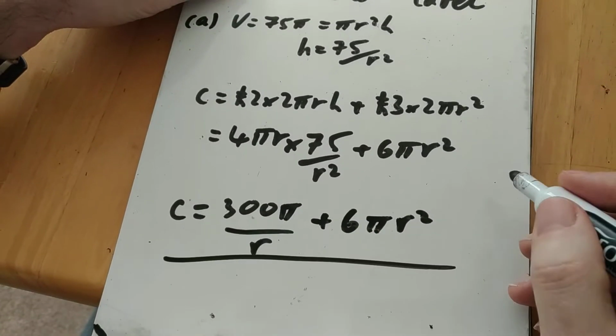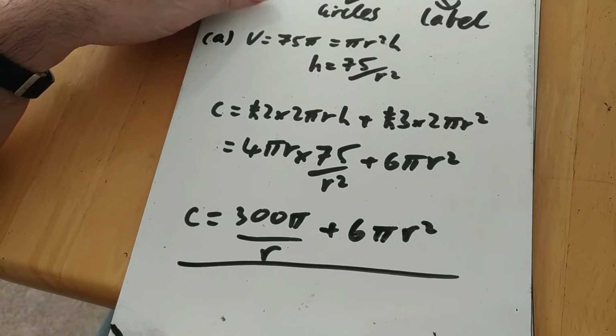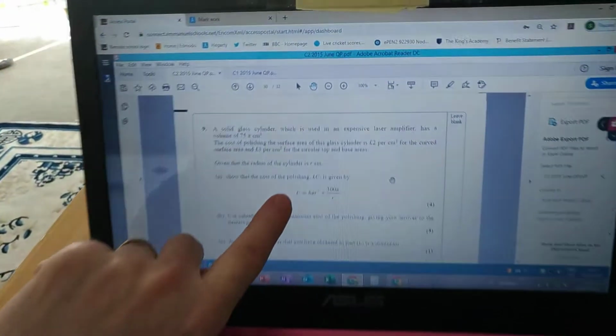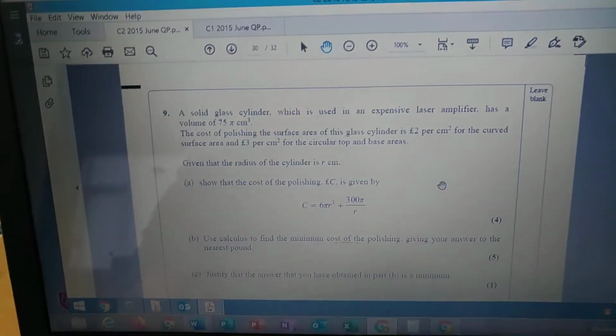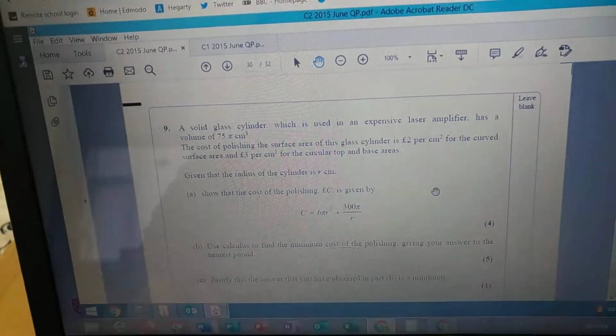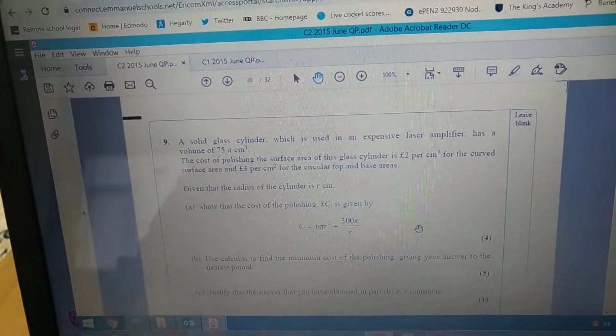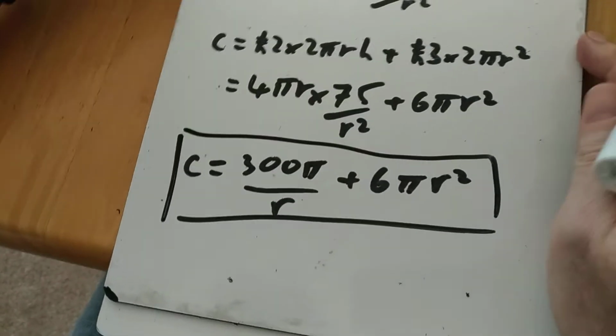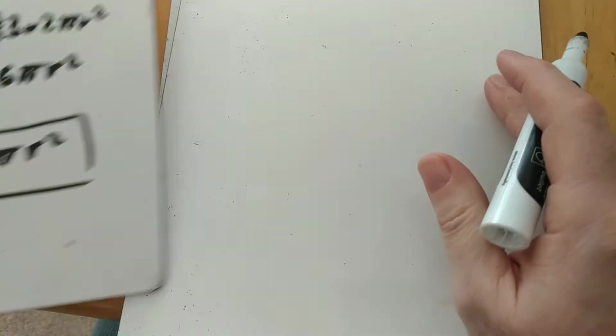And that should be the show of that that's in the question. We look at the question, there we go, c equals 6 pi r squared plus 300 pi over r. And in this case, even if you can't do the part A, we can then use this equation that's given to do the rest of the question. So that's my part A.